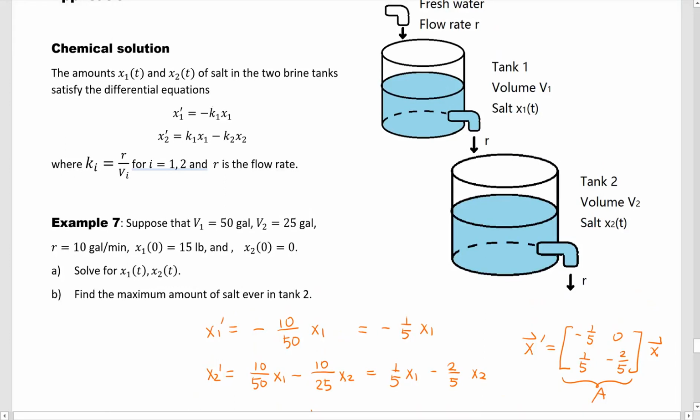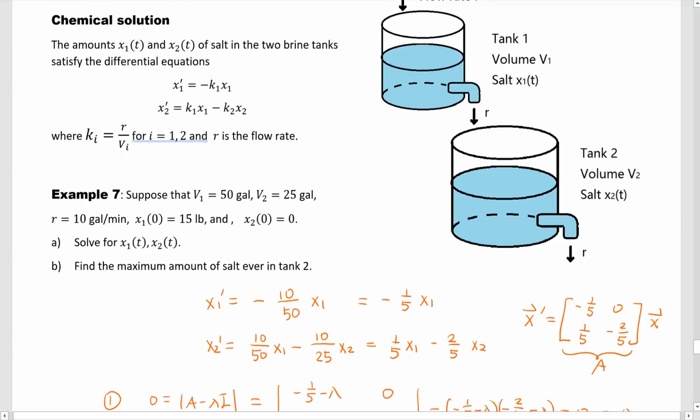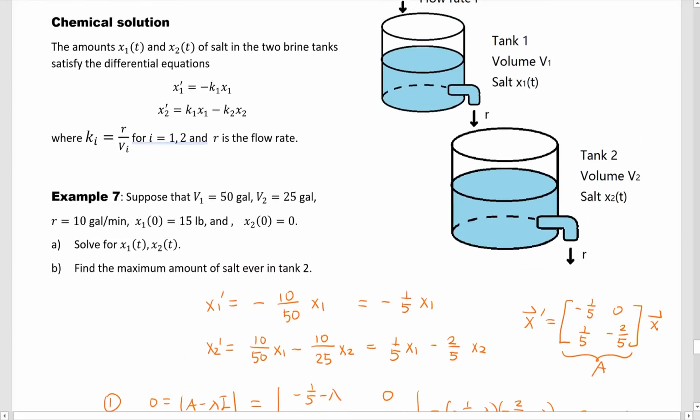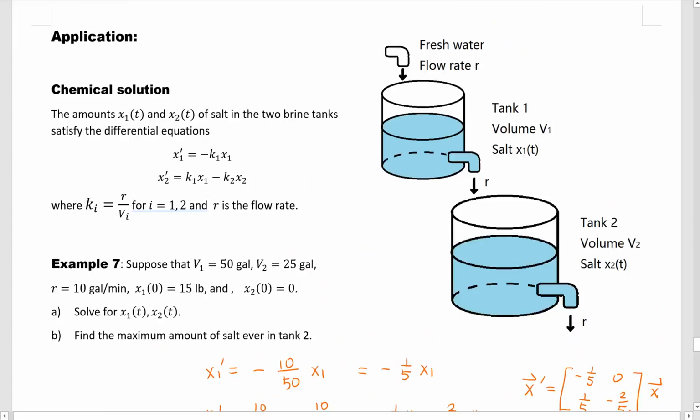So the amount of salt in tank 1 is actually decreasing. But in tank 2, you're adding some salt and losing some salt, so we don't know. But actually we can solve it and find that the maximum salt ever is when the time is 5 ln of 2 minutes. Okay, so that is this application problem.